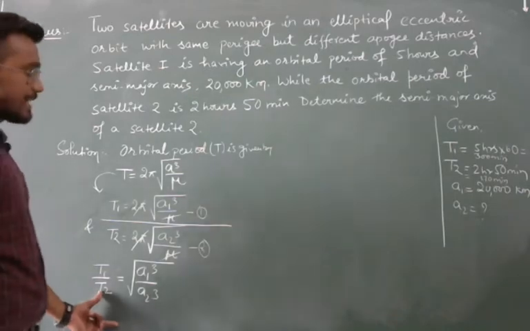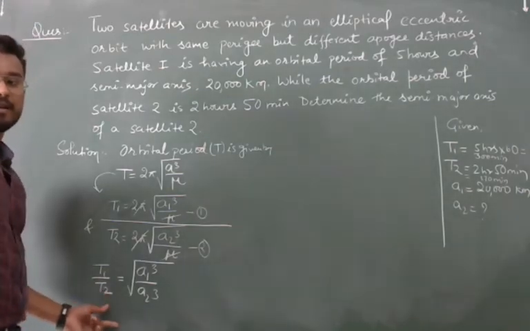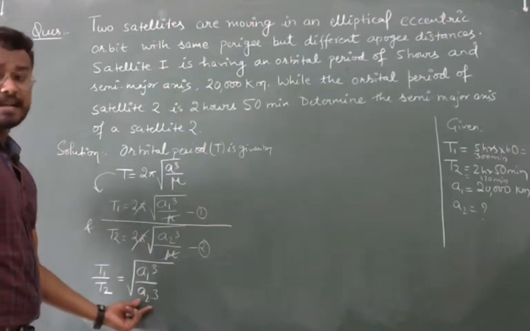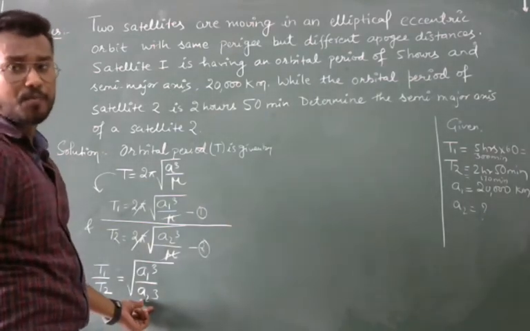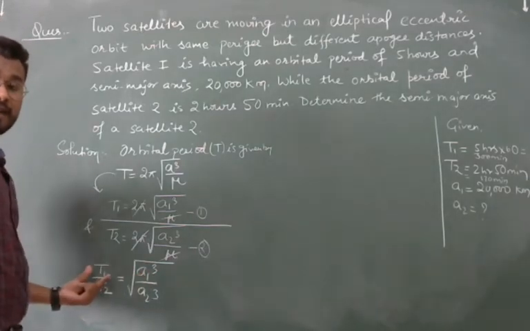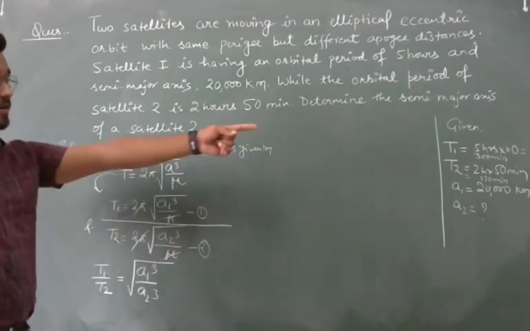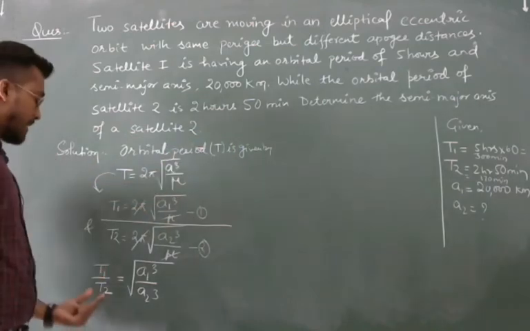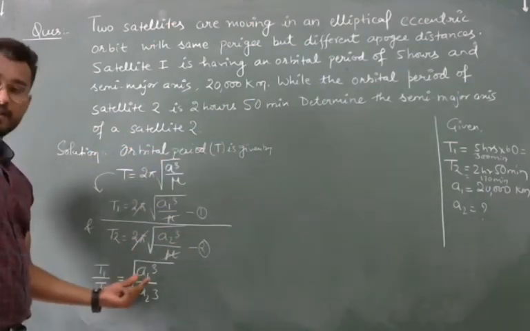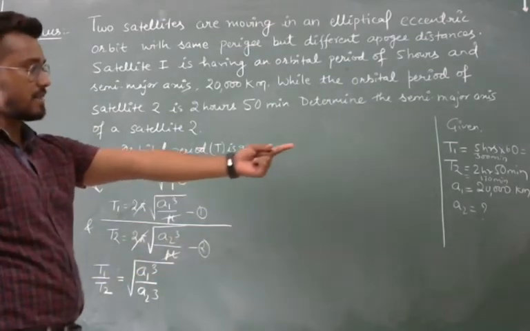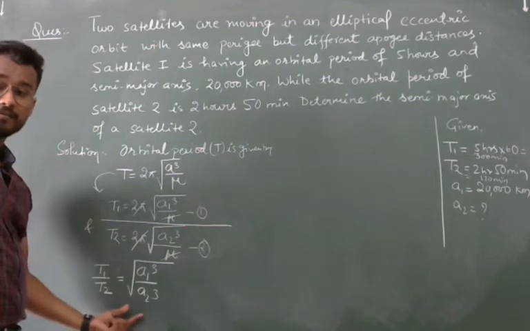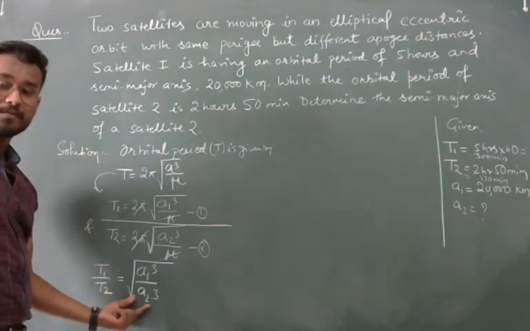Through this relationship we can find A2, the semi-major axis for satellite 2. We have the value for T1, given as 300 minutes, the value for T2, given as 170 minutes, and the value for A1, given as 20,000 kilometers. We do not have A2, and that is what we have to find out.